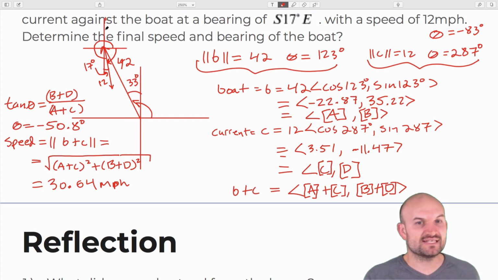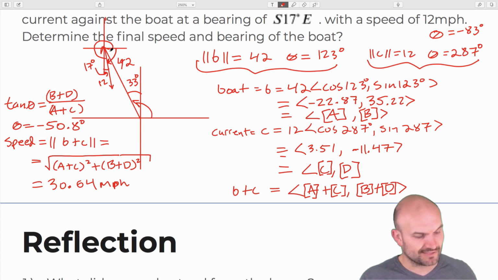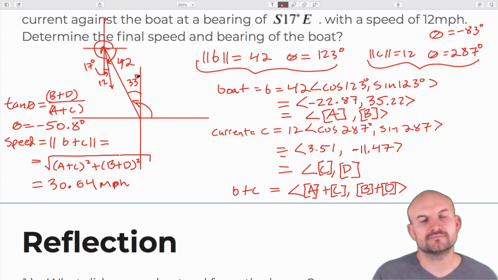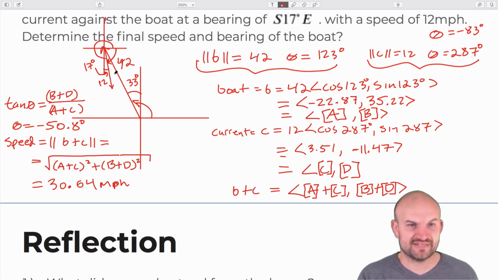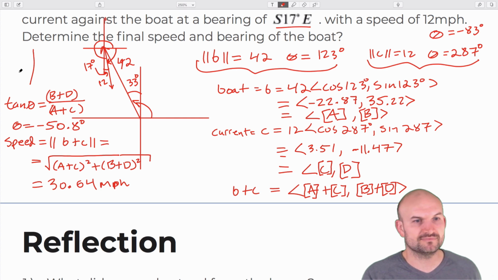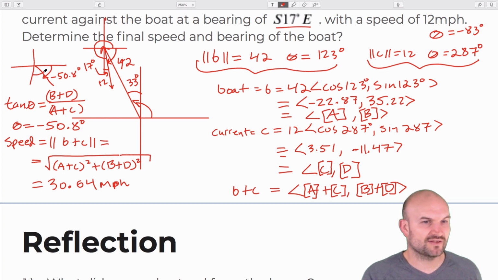The bearing is always going to be from due north. Well, actually, sorry, I should take that back. If I have that as negative 50.8, we're not doing them from north, we're doing them from south. So if my angle from standard form is negative 50.8 degrees, and I want to find the bearing, all I want to do is figure this out.